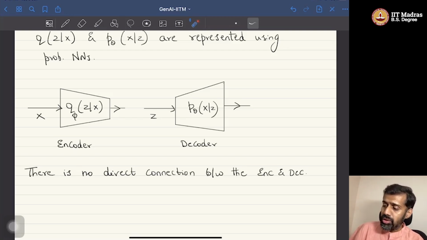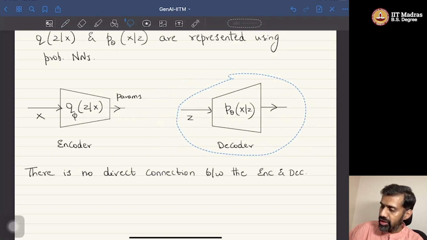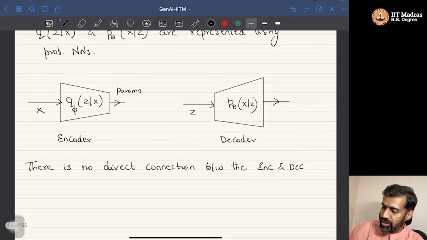Now what does the encoder network output? The encoder network outputs, as I said, the parameters of q phi, and the decoder network will give us the parameters of p theta of x given z.